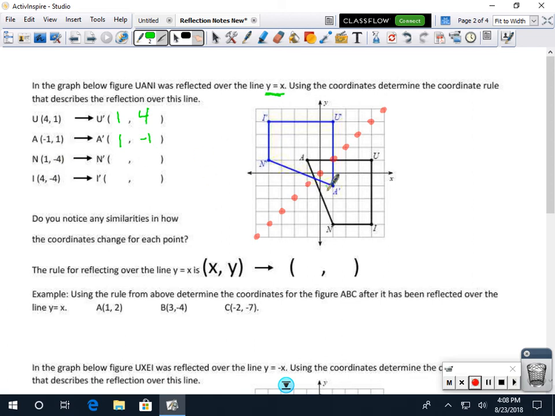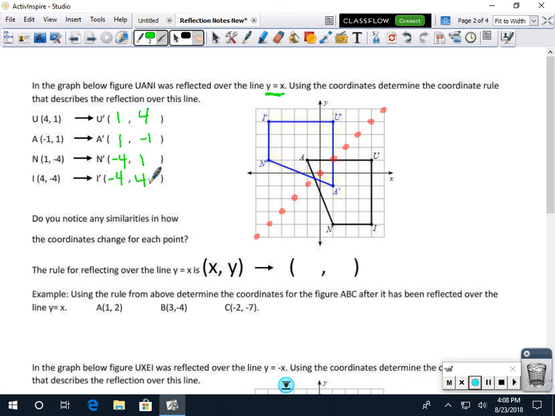N is at 1, negative 4. So N prime is at negative 4, 1. And I is at 4, negative 4. So I prime is at negative 4, 4.